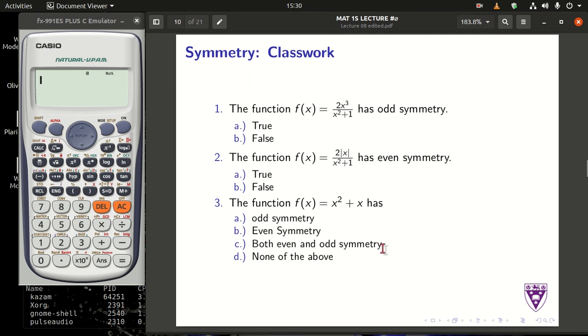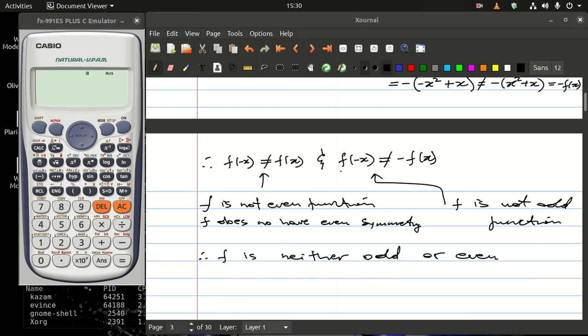Both even and odd, that is not happening. None of the above. So the correct answer here is going to be D, which is none of the above.